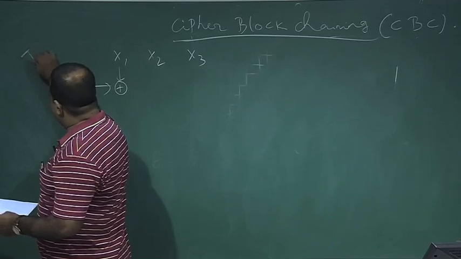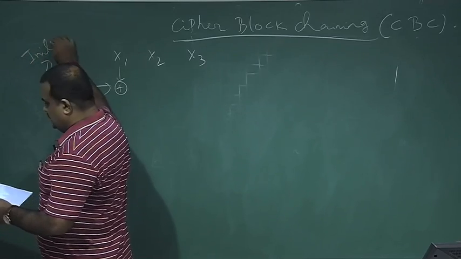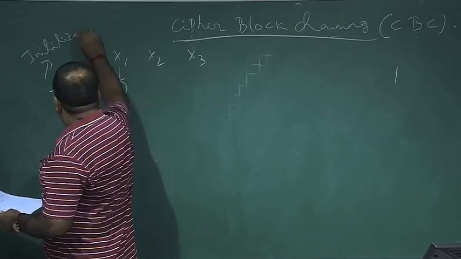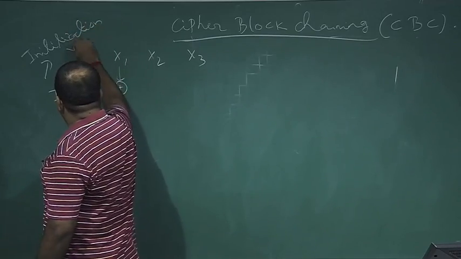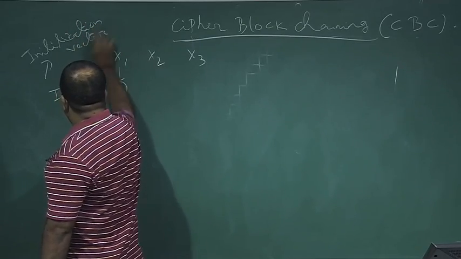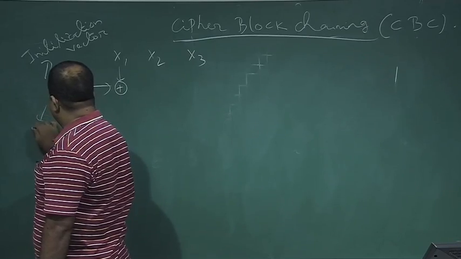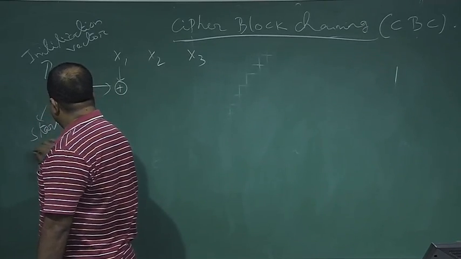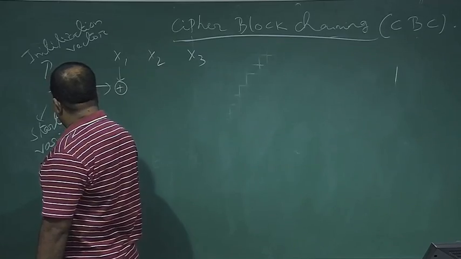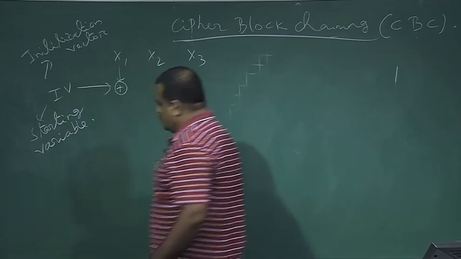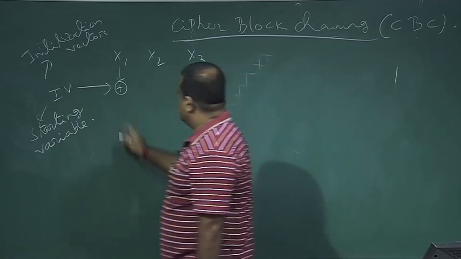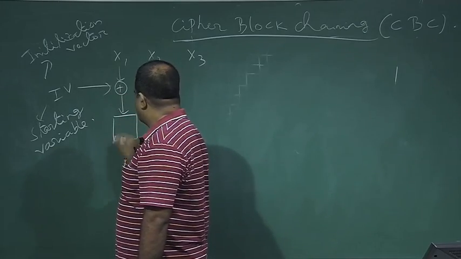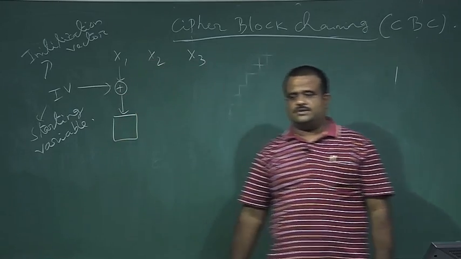This is called initialization vector or the starting variables, because we have to start with something. Okay. So, then this we encrypt using our underlying block cipher.